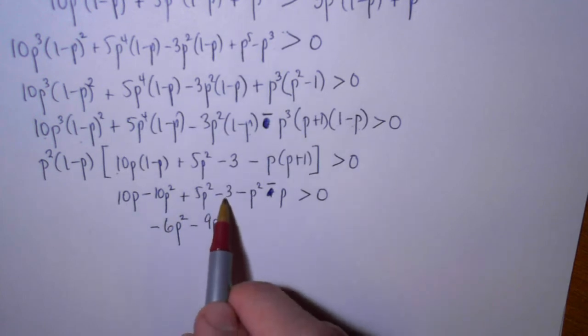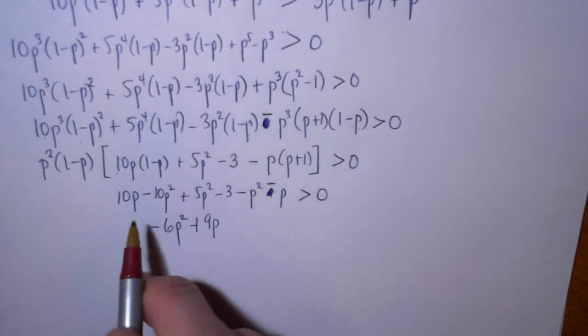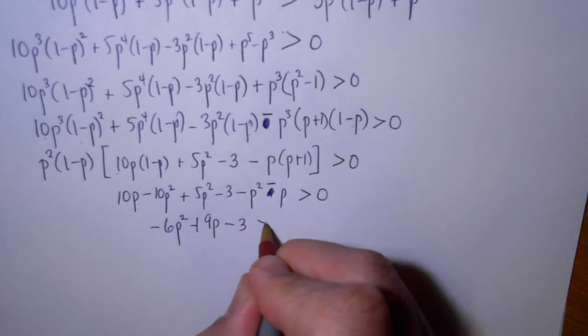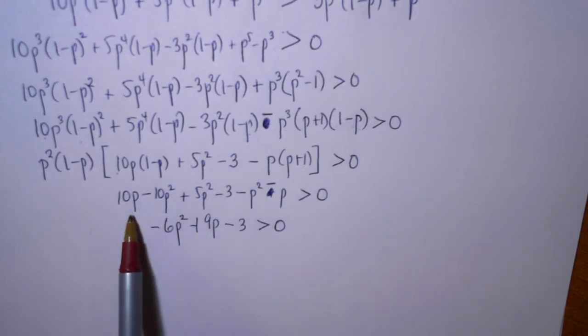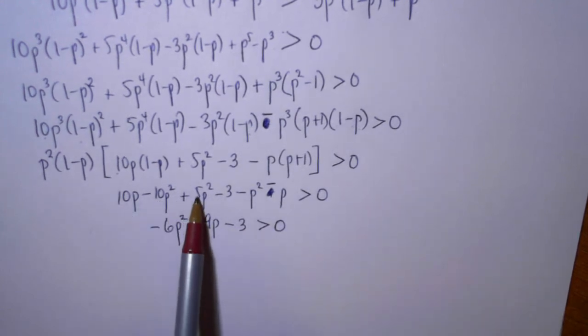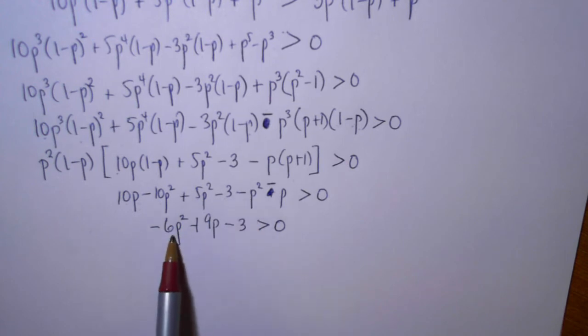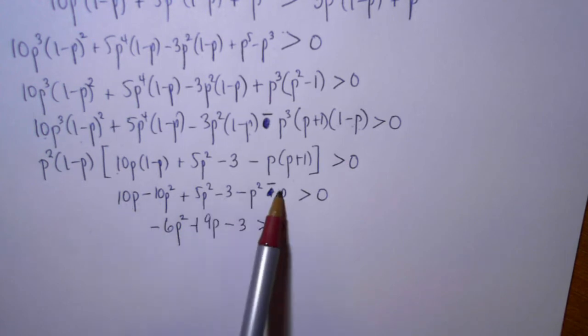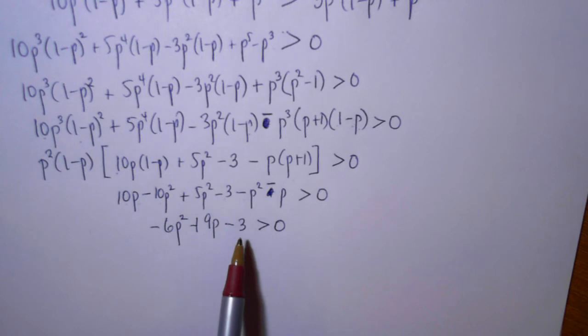And then lastly, I've got the minus 3 here. So, sorry, plus there. Then minus 3 greater than 0. So let me say that over again. Minus 10p squared plus 5p squared minus p squared is minus 6p squared. 10p minus p is plus 9p. And then I have the minus 3 carries down.